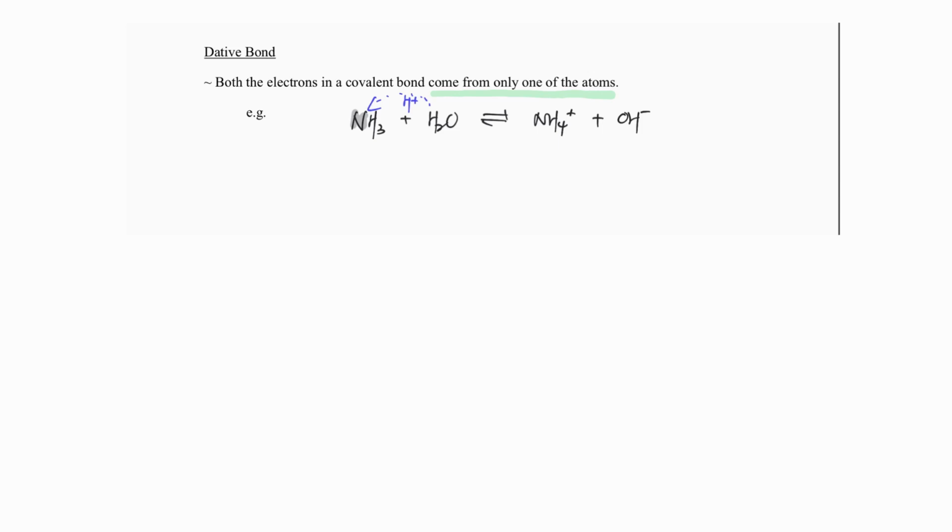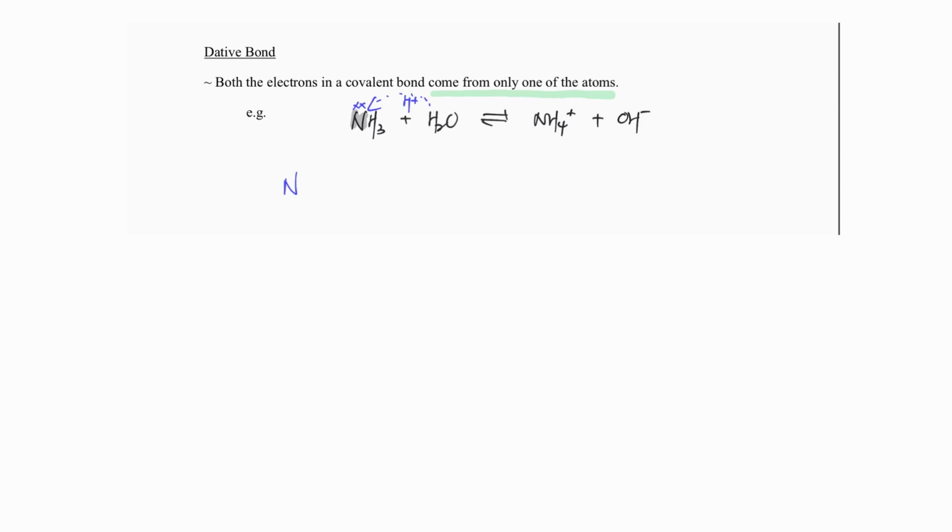Looking into this, we could see there's 0 electron in H plus. So without any electron, H plus is able to form a bond with NH3 in order to form ammonium ion. What happened here is because there's a lone pair in ammonia.